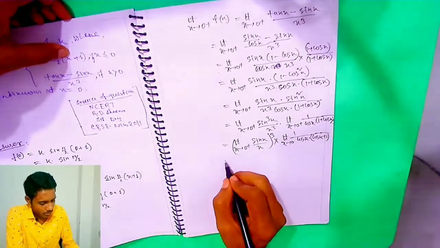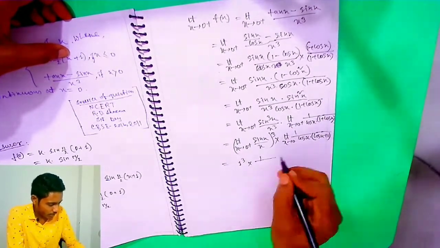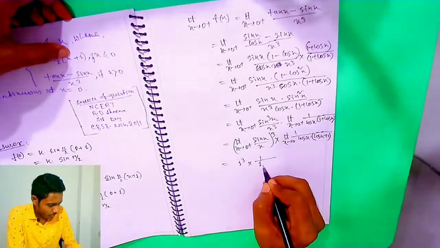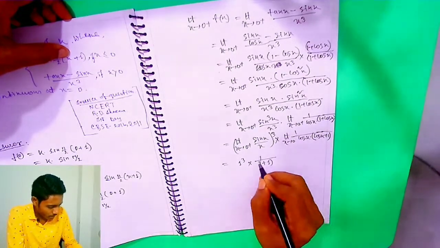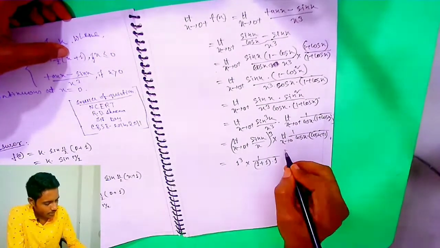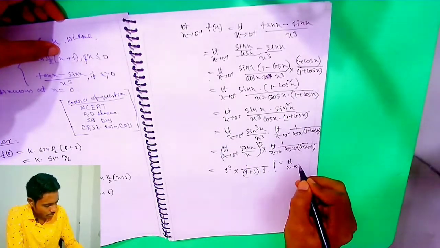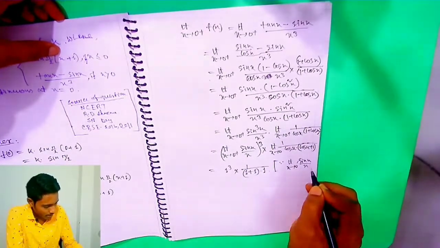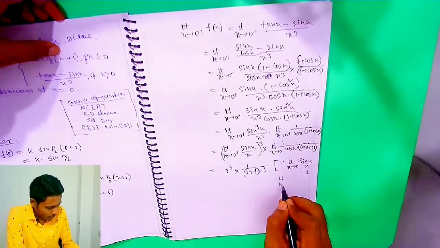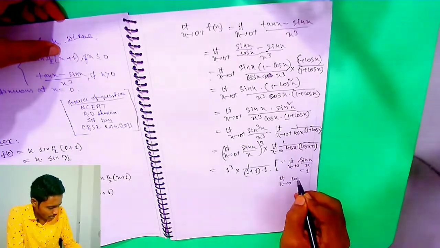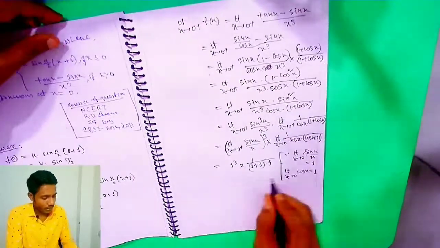This is equal to 1 cube multiplied by 1 by 1 into (1 plus 1), right? Since limit x tends to 0 of sin x by x is equal to 1 and limit x tends to 0 of cos x is equal to 1, right? Okay, this is equal to half.